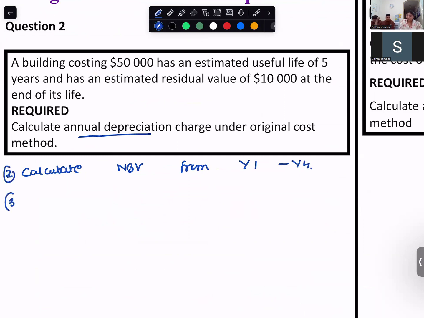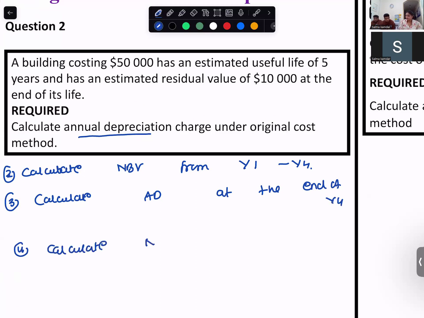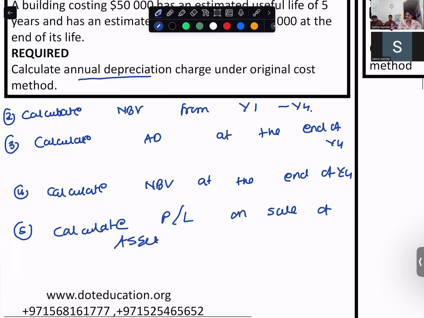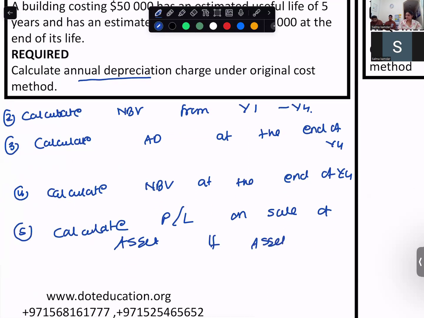Third, calculate accumulated depreciation at the end of year 4, and calculate net book value at the end of year 4. Also calculate profit or loss on sale of asset if asset is sold for 4,500.